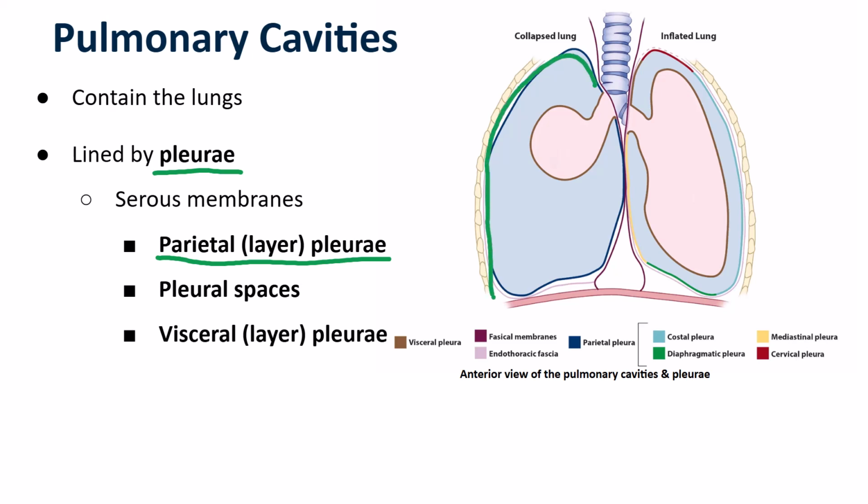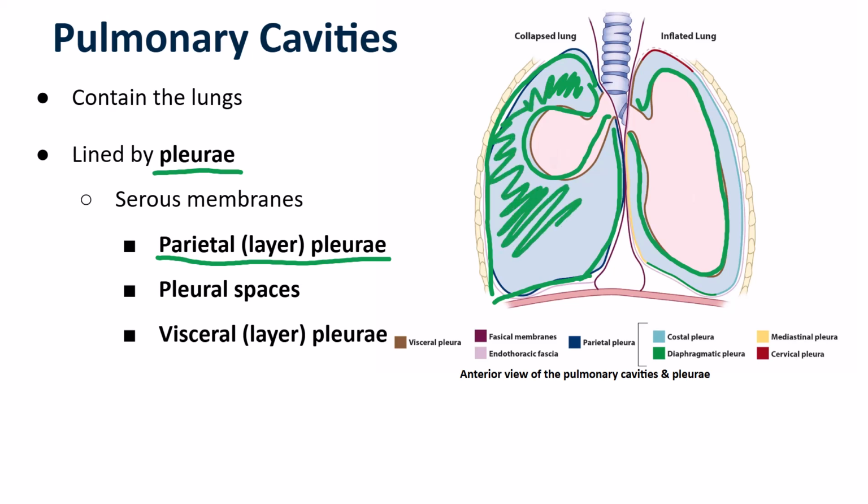So whether it's the rib cage or the diaphragm or the region that is adherent to the mediastinum, all of that is parietal pleura. The visceral pleura is adhered to the lungs. So there's one lung, and this is an example of atelectasis, or a collapsed lung, just to exaggerate the space between the parietal and visceral layers. So here we are with a gigantic pleural space here.